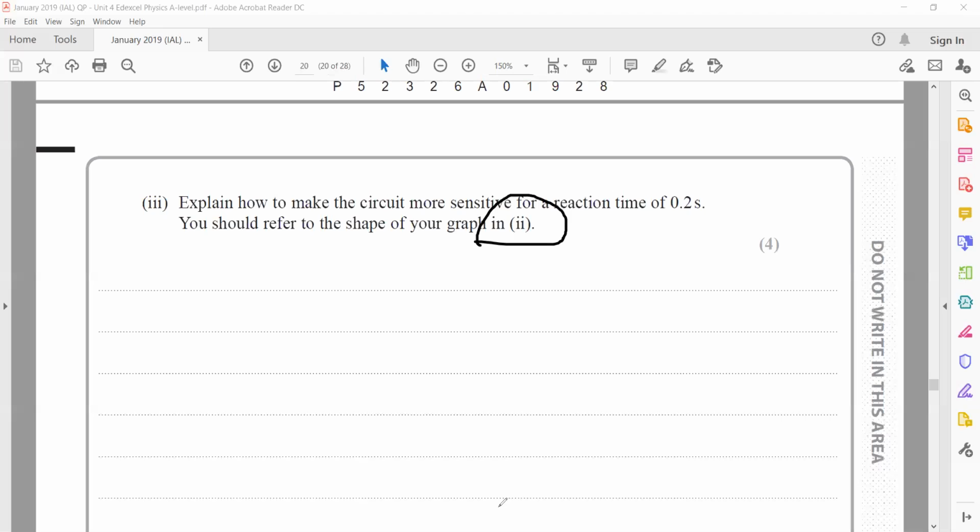We want to make it more sensitive, so that it can react quickly. The term more sensitive here means we want a bigger or greater change in voltage for a given time.